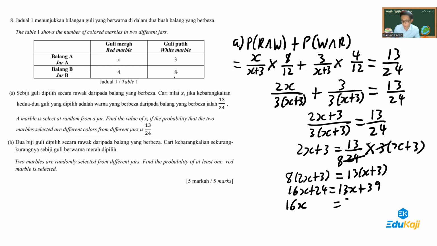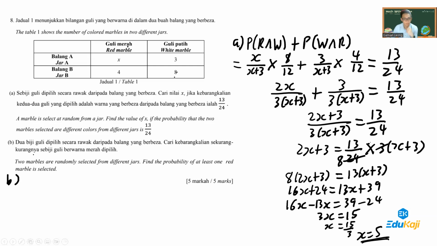Keep the 16x, keep the 39, bring over 13x, positive become minus, 24 plus become minus. So 3x is 15. Bring over the 3, divide 3. So x is 5. Yeah, that's the value of x.